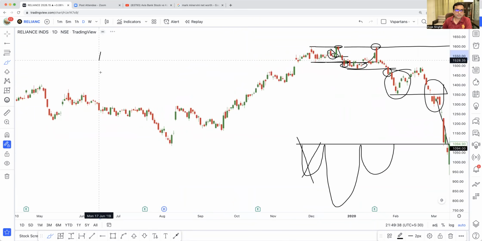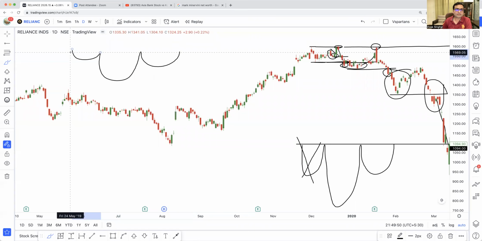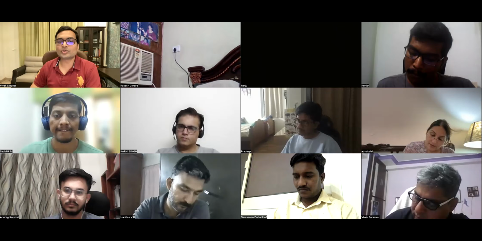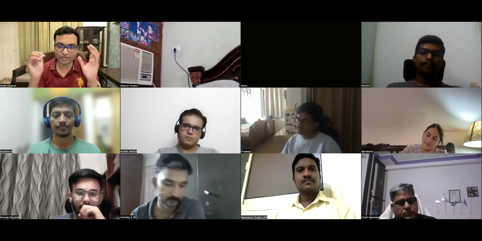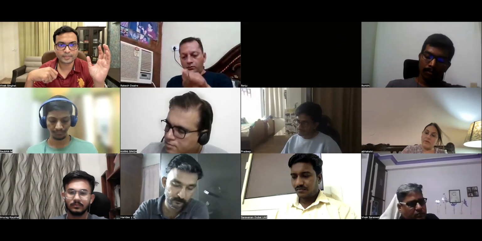So if this is the cup with handle pattern and we mark left shoulder as well, then it will become reverse head and shoulder pattern. So a reverse head and shoulder pattern without left shoulder is cup with handle pattern. So we can note it down exactly in the same way.